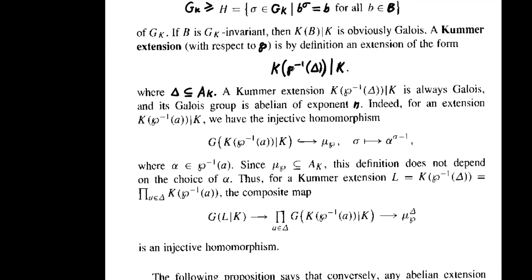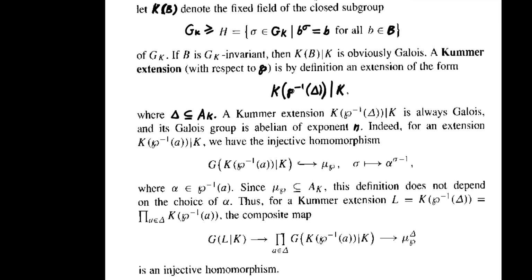For the extension, we have the injective homomorphism. So we're looking at the Galois group of this field extension. We have to remember the meaning of this notation.